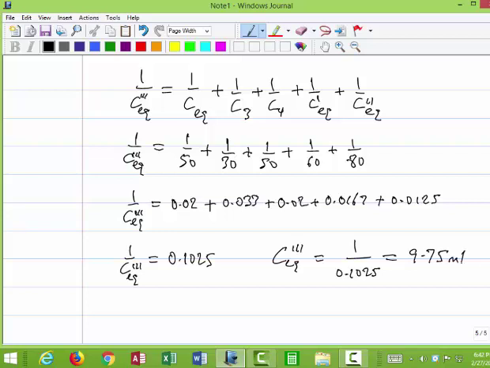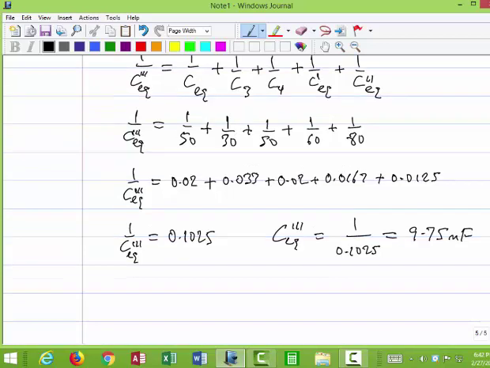9.75. Okay. So remember that when you add it in series, it's an inverse. So to get the actual C equivalent, you have to invert it. So what you got the first time was 1 over C equivalent, and then you just invert it. So 9.75 microfarads.